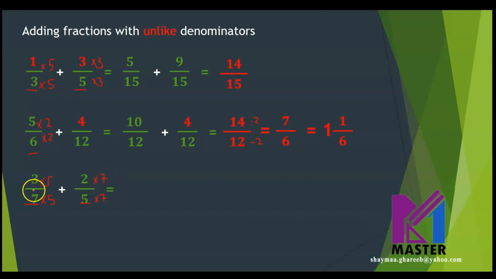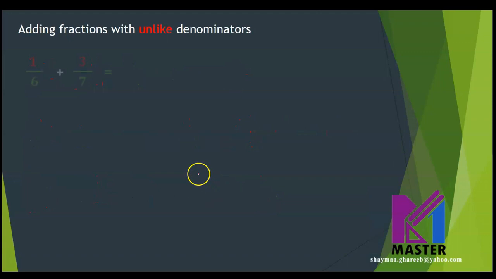Then the two new fractions will be 15 over 35 and the second fraction will be 14 over 35. Now when I add, it will give me 29 over 35. Can I simplify this fraction? No, so I will leave it as it is because this is the simplest form.